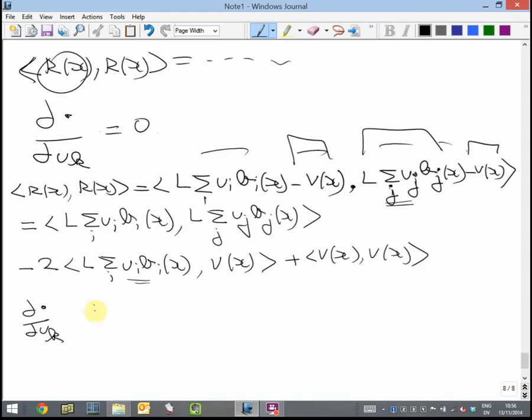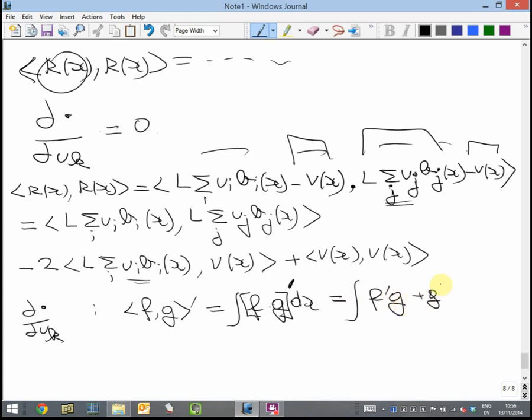Now, of course, for those of you who are really not sure about what the derivative of the scalar product is, just go back to the definition. It's an integral of the product of these two functions. If you take the derivative of that and you assume that you can exchange the order of integration and differentiation, then this is just plain and simple the integral of f prime g plus f g prime dx.